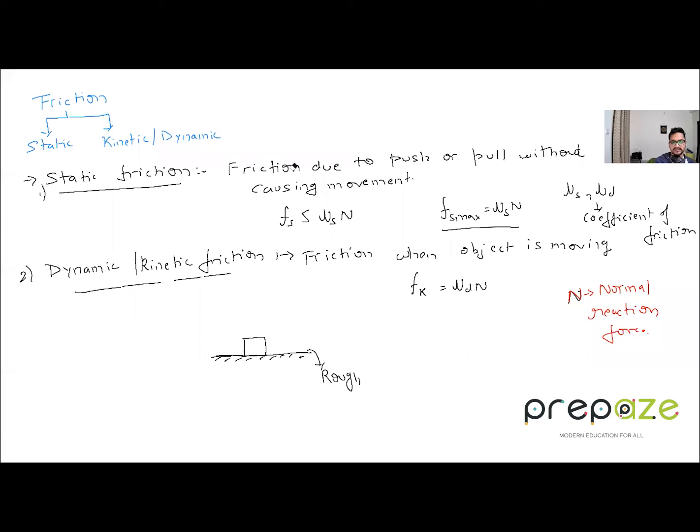Rough surface means that there will be friction. Now let us say this is being pushed, or you are pushing it yourself, with some force of, let's say, 50 newtons. You are pushing this box with a force of 50 newtons.